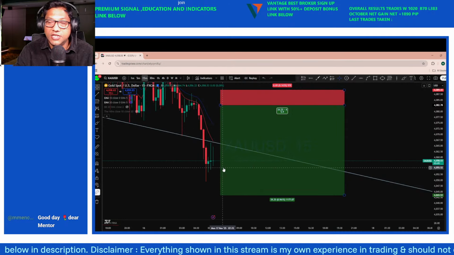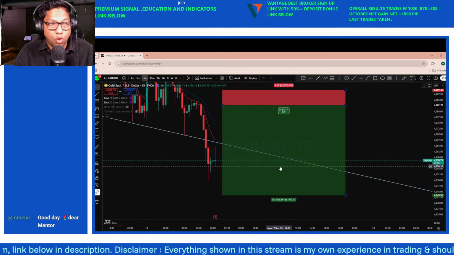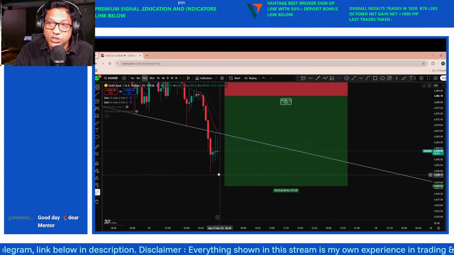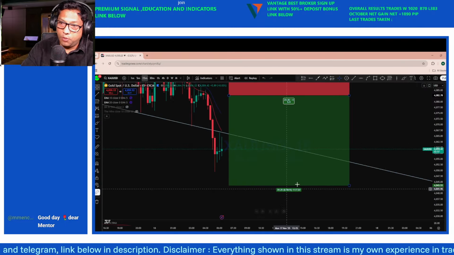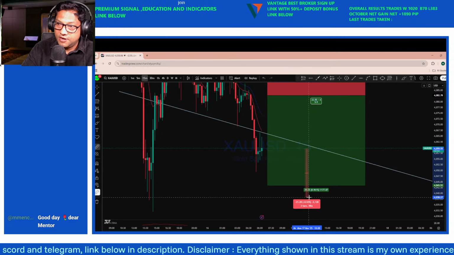Now you can see another candlestick pattern is being formed on the 15 minutes on gold, and the candle closing below or as a doji is a possibility for potentially another bearish move, that downside.